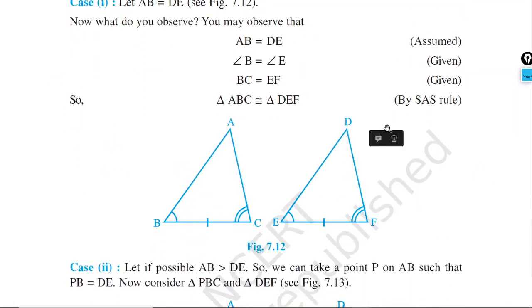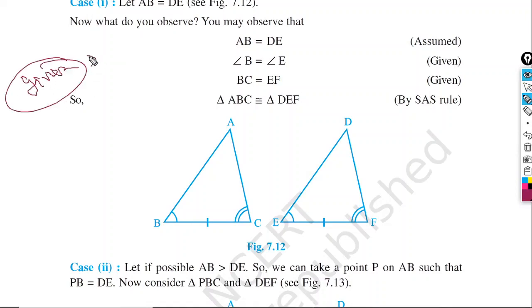Here it is. We have taken triangle ABC and triangle DEF. What is given to us? We'll write the given first. In two triangles ABC and DEF, what is given?